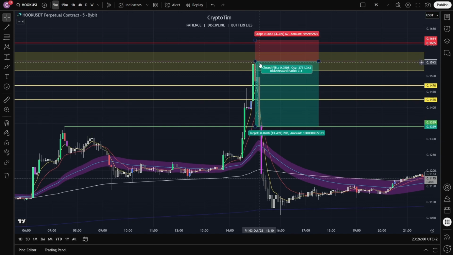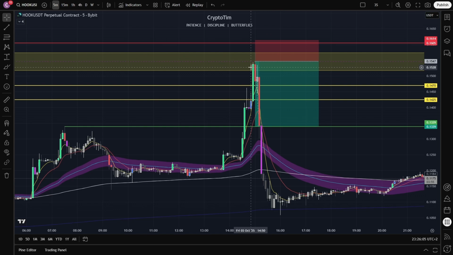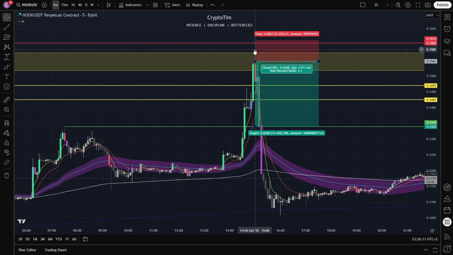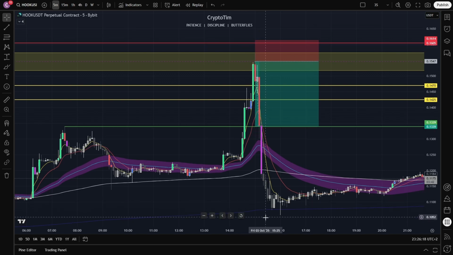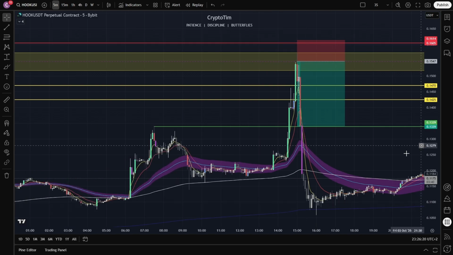We did see the manipulation up, we did anticipate that it was market maker manipulation. We did anticipate the fact that they would recover this vector candle and reverse aggressively from there, which they did, but they did push it far beyond our TP.